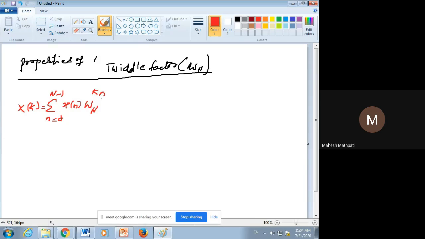Here Wn is called the twiddle factor and is defined as Wn equals e power minus j 2 pi by N, which exhibits two properties.